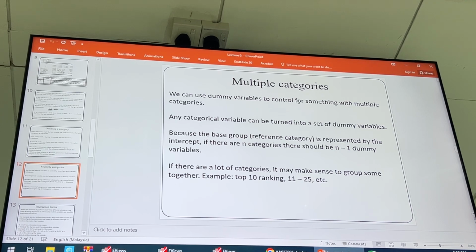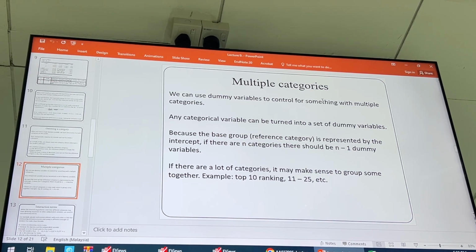For example, we have the highest education level for these respondents. We have 3 categories: primary, secondary, and tertiary university level. So we can create up to 3 dummy variables, one for each category, but when we include that in the model, normally we exclude 1.